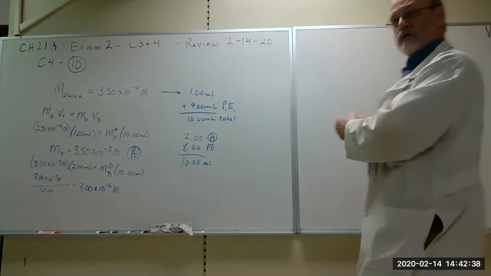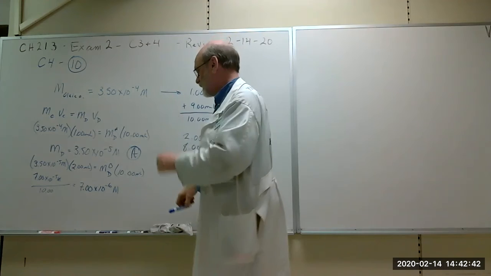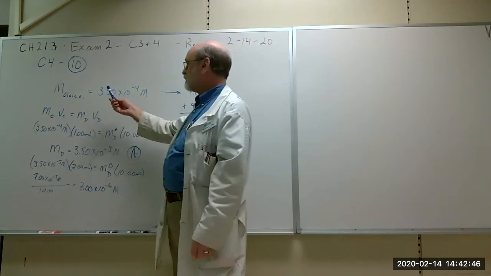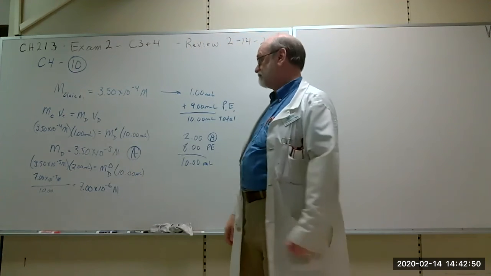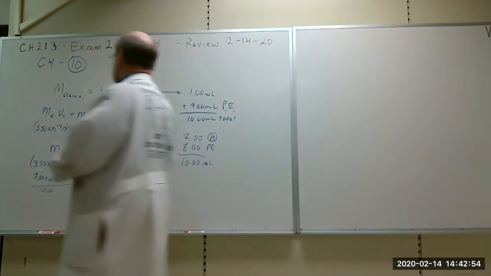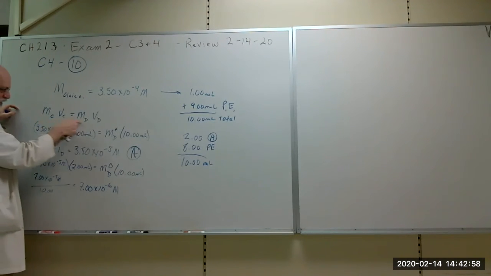You just work backwards, right? This is a 10 to 1 dilution. This is a 5 to 1 dilution. So 10 times 5 is 50. So overall, we went 50 to 1 dilution from this to that. But it all revolves around this expression right here.